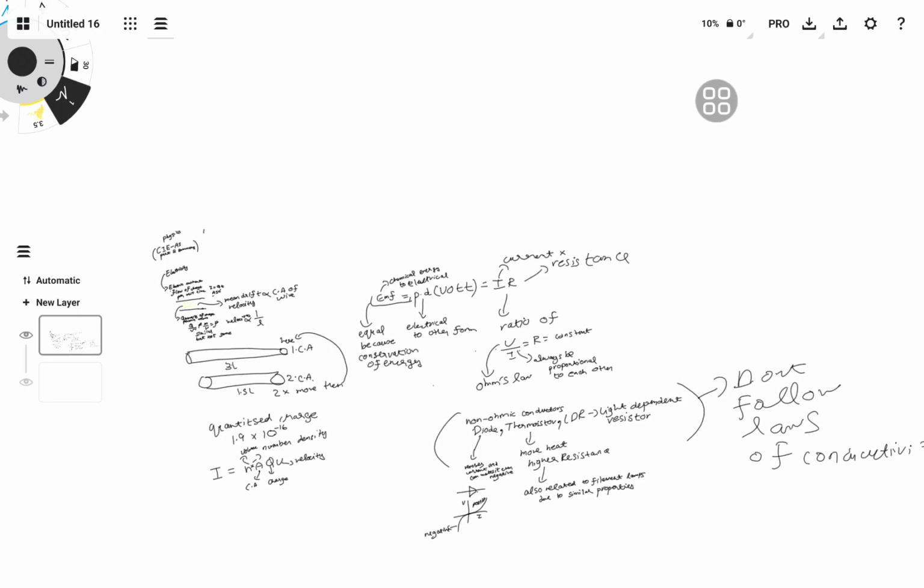Let's discuss a bigger summary, a more big picture of this chapter, electricity. Basically, charge at atomic level, current, properties of electricity.